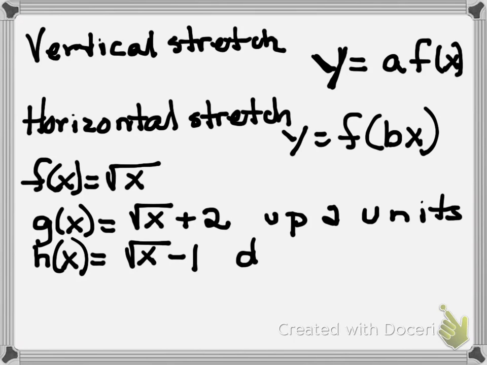So we're going to be going down 1 unit. So you should be able to take the basic function and talk about what's happening with this new function, g of x or h of x. So if you graph one, you should be able to graph the other just by shifting it up or shifting it down. A vertical shift up or down.